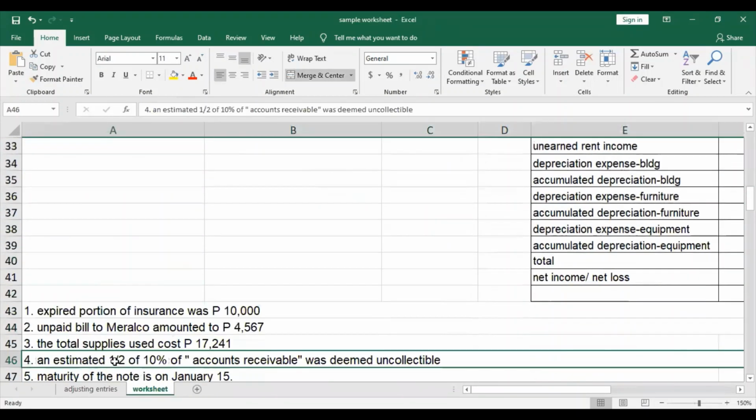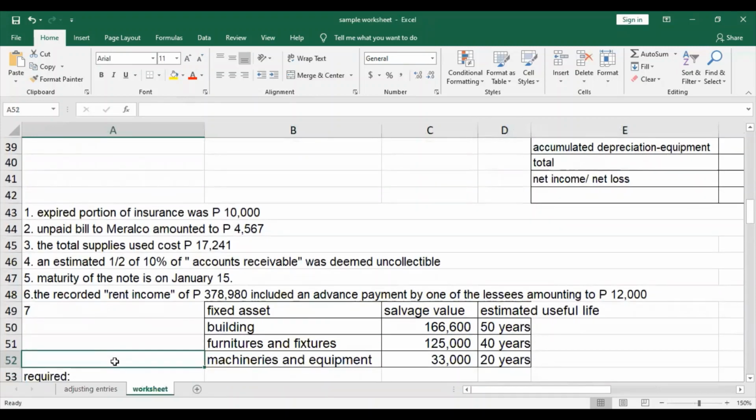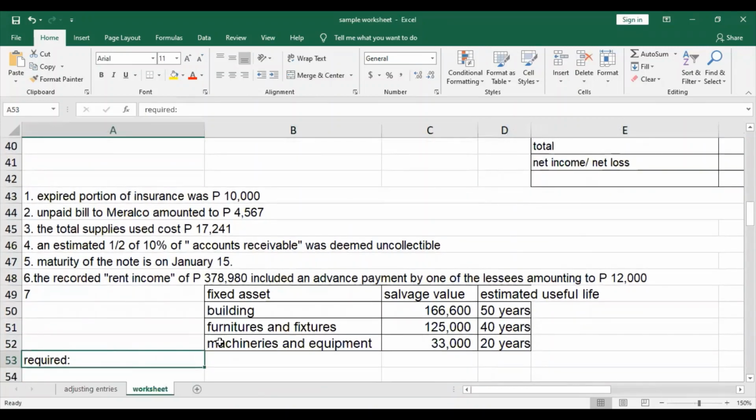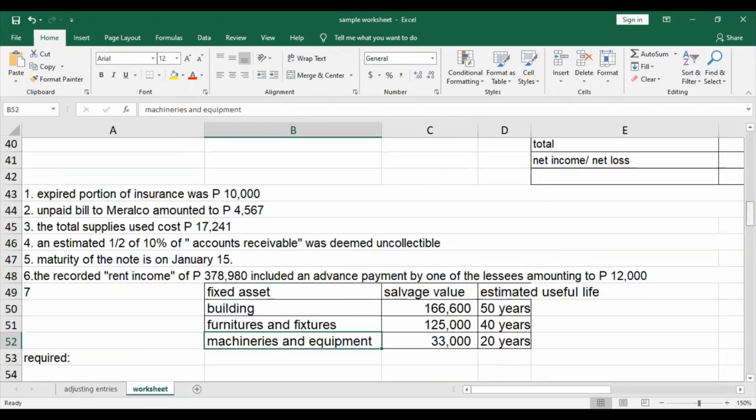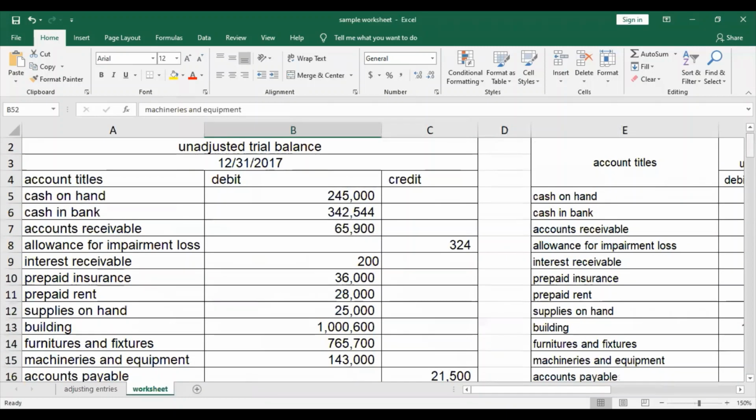And last adjustments is for the depreciation. So meron tayong kailangan i-compute na depreciation for the building, furnitures and fixtures, and machineries and equipment. So to compute their depreciation, the formula for depreciation is cost less salvage value divided by its useful life. So magkano yung cost nila? Punta ka kay unadjusted trial balance for the building.